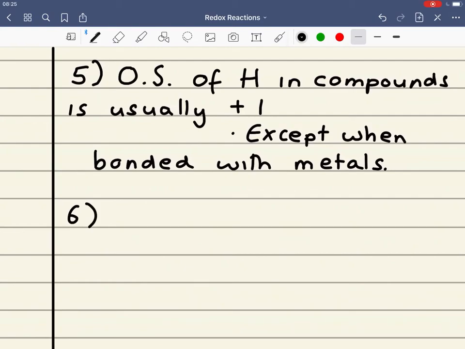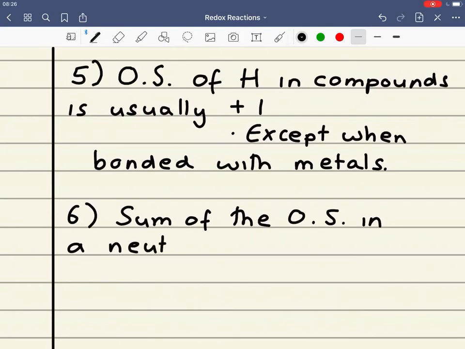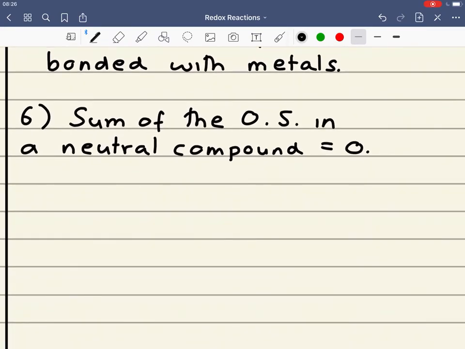Rule number 6, the sum of the oxidation states in a neutral compound must equal 0. So for example, consider we've got water.